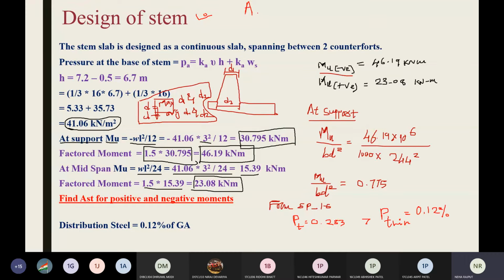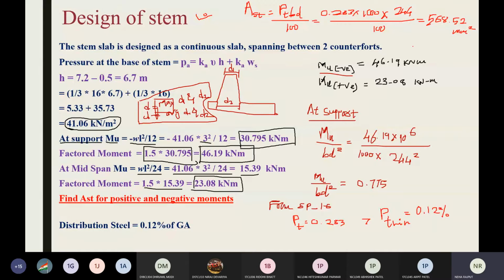Now find area of steel. So area of steel is equal to pt b d upon 100. So 0.233, b is 1000, d is 244. Divide by 100. So here you will get the area of steel, 568.52 mm square.